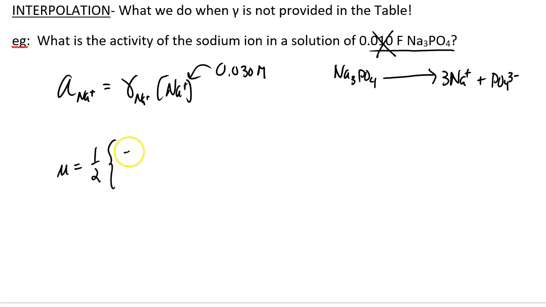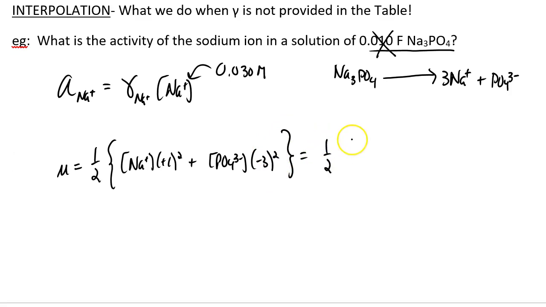And in this case, it'll be the concentration of sodium times its charge squared plus the concentration of phosphate times its charge squared. So again, the concentration of sodium would be 0.030 molar. 1 squared is just 1.